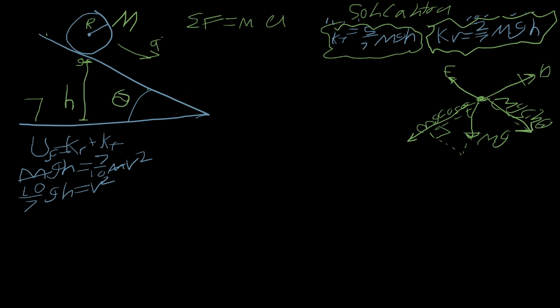So we're going to write the sum of all the forces equals, for the moment it's going to be mg cosine, which is what's accelerating downwards. And then we have our friction force, but we don't know what friction force at the moment. Neither do we know the friction coefficient.